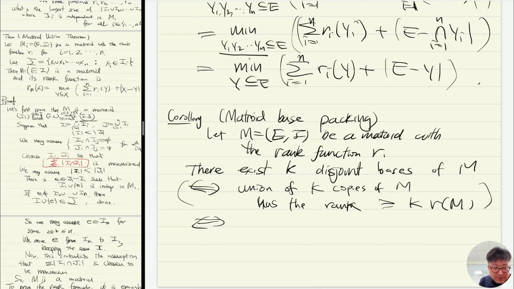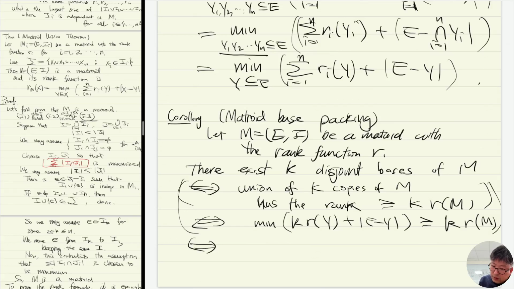That means the minimum over k copies is at least k times the rank of M. Yes, these are the intermediate steps.